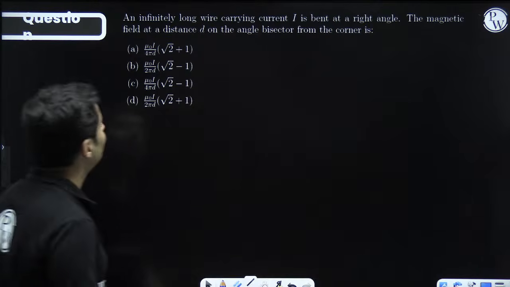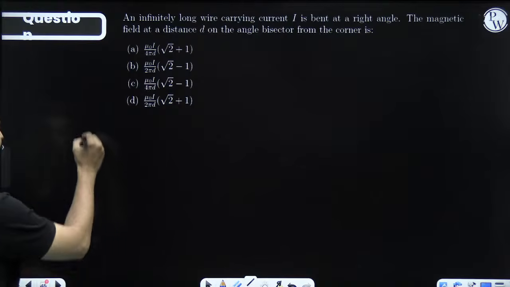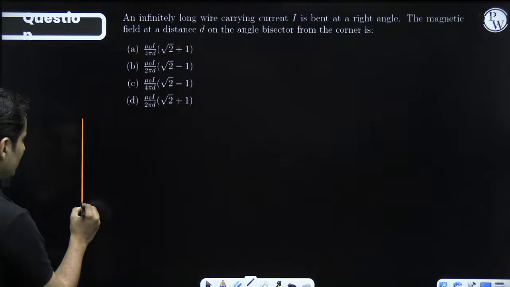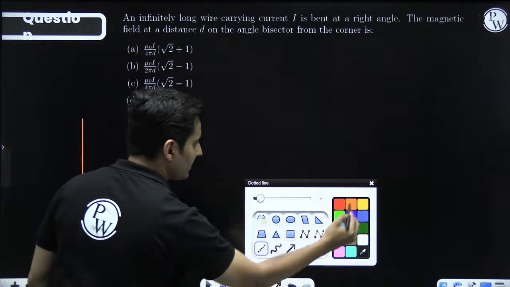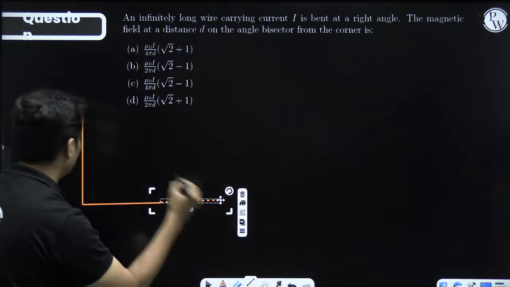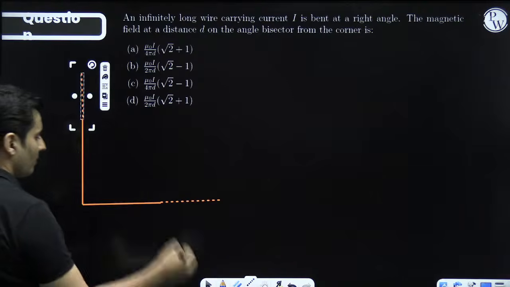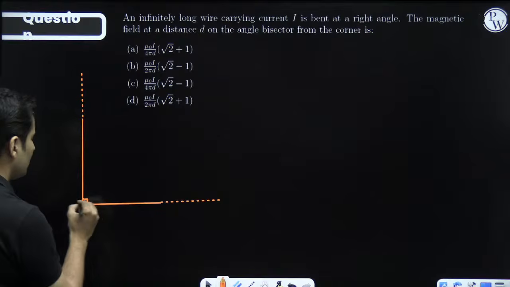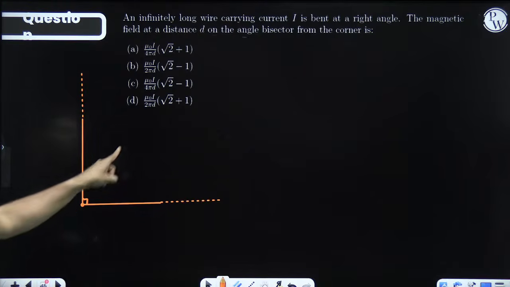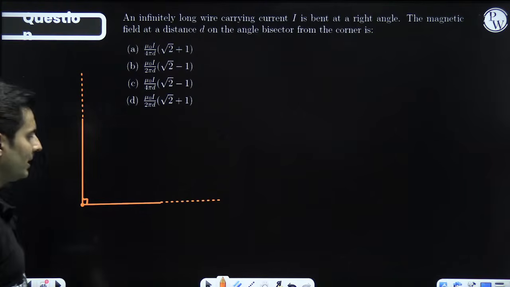Angle bisector. An infinitely long wire carrying current I is bent at a right angle. So this like this, this like this, but it is infinitely long. Now this was bent at a right angle. Okay, no problems. You want to figure out the field at a distance d on the angle bisector.